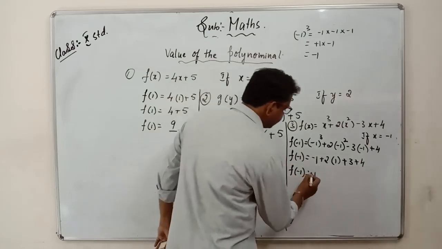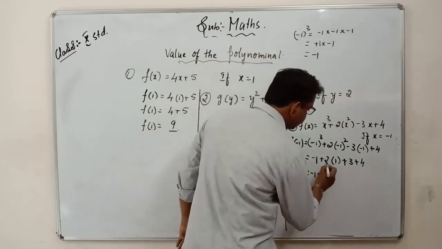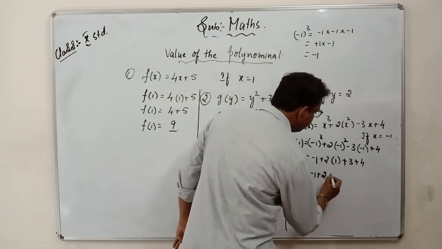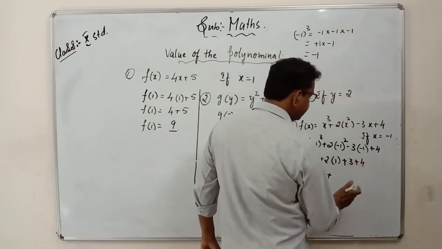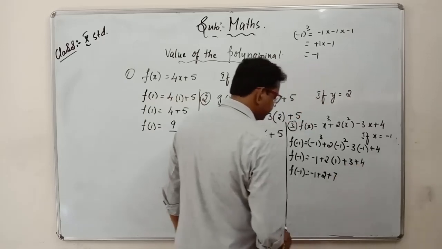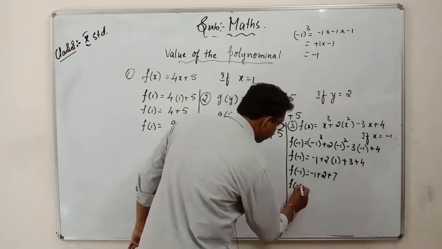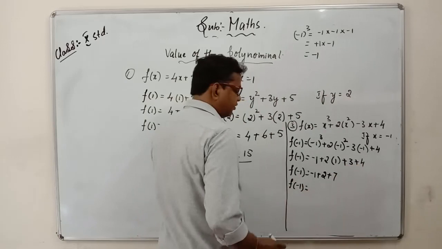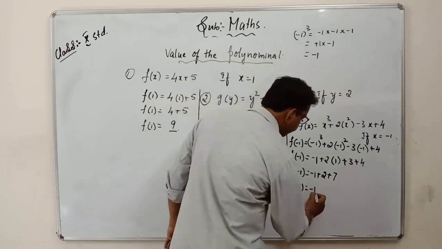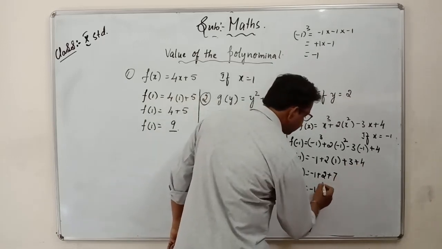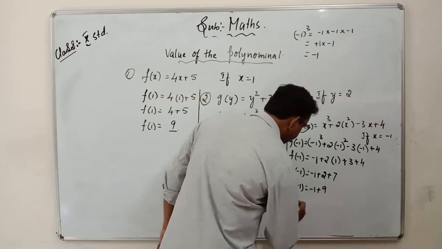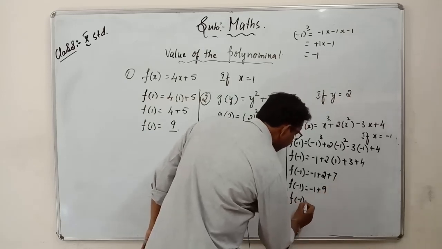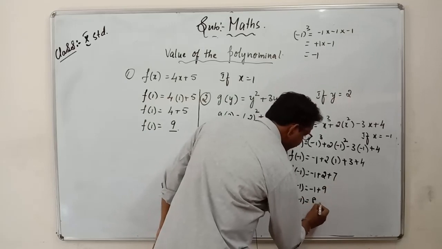Keep minus 1 as it is, or else you will get confused. Plus 2 into 1 is 2, plus 3 into 4 is 7. So f of minus 1 equals to minus 1 plus 7 plus 8, that is 8. f of minus 1 equals to 8.